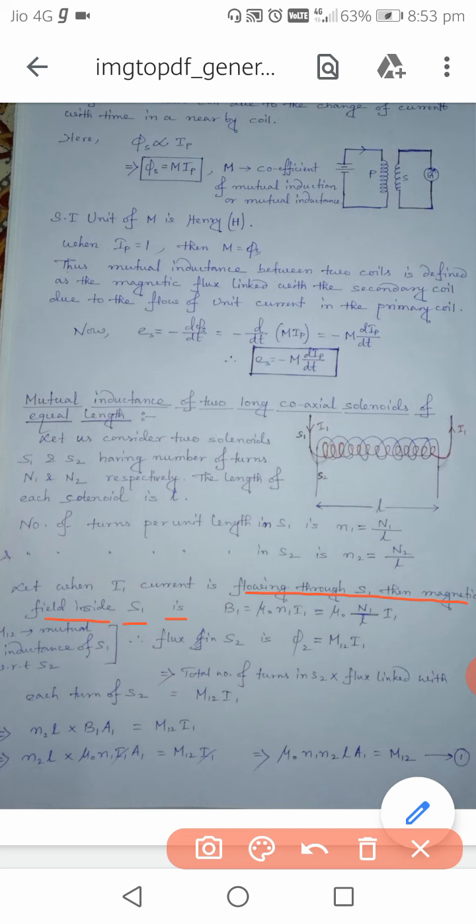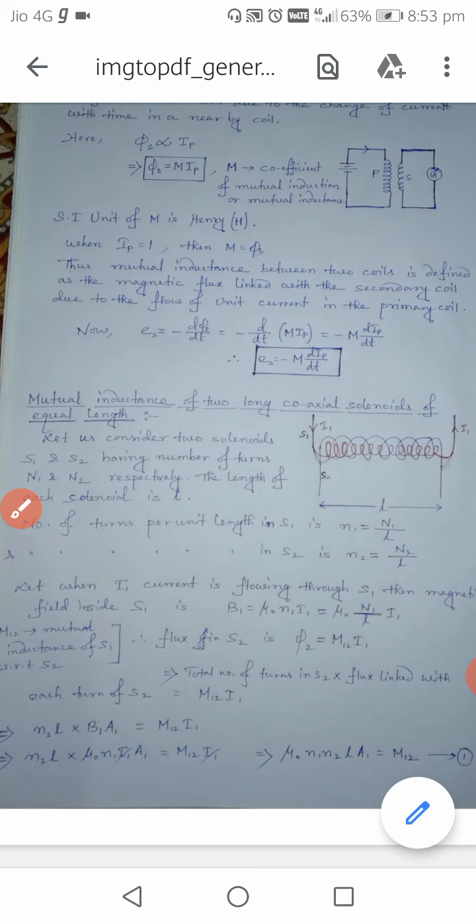We know for a solenoid the expression for the field is mu naught n i, so mu naught n1 I1, because the current flowing through this coil is I1. Here we can also write mu naught, and in place of n1 we can write N1 by L.